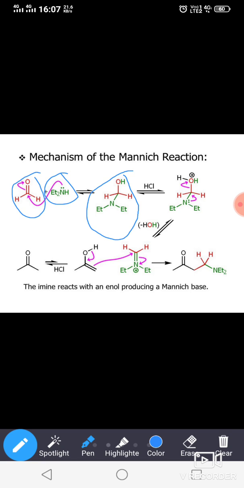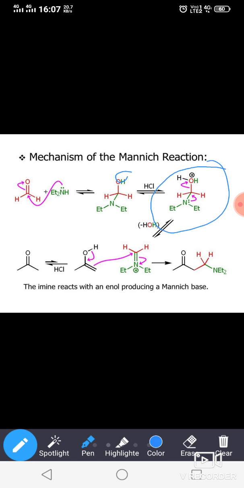Okay, and it will form this structure. Now you have added the acid catalyst, so this OH will take the proton from the acid catalyst and it will form this oxyanion species. Now this will liberate the water molecule, and as it is liberating the water molecule, this bond is getting broken.